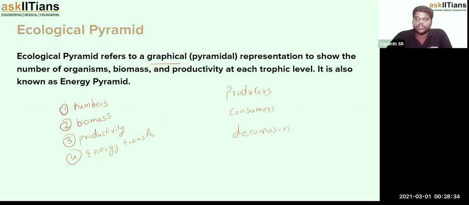Consumers can be of many types: primary, secondary, and tertiary. In this case, we are going to have them placed on a number basis, biomass basis, productivity basis, and energy transfer basis as well. Let's get into the next slide so that we can study a little more.